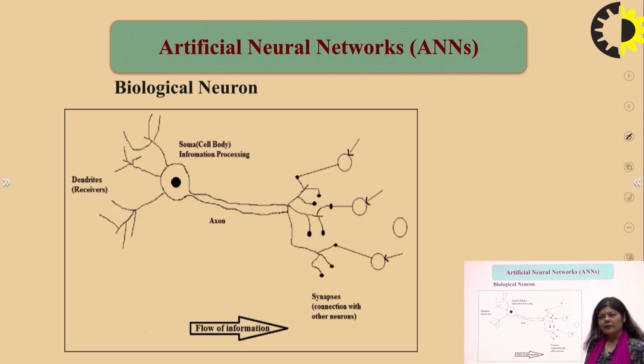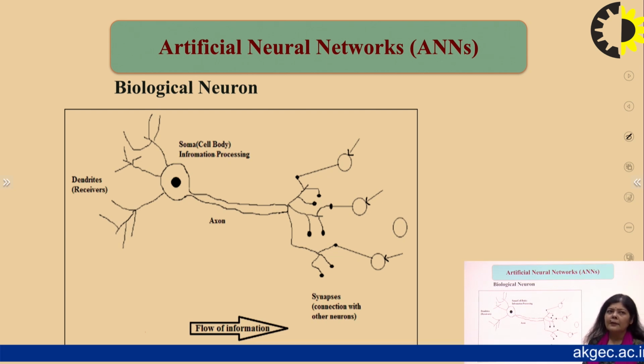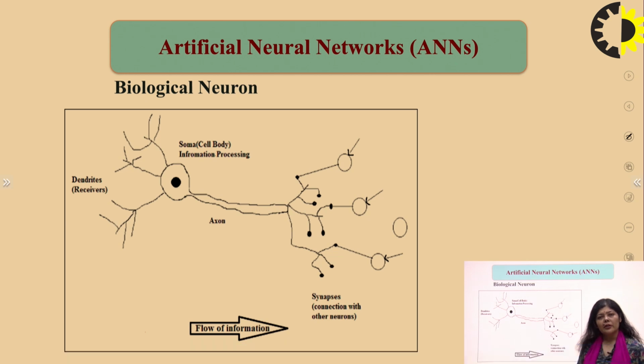As I already have said, these models are basically created by taking inspiration from the biological neural network. And so first of all, we will see how the human brain is built up, and what is the basic unit of these biological neural networks.